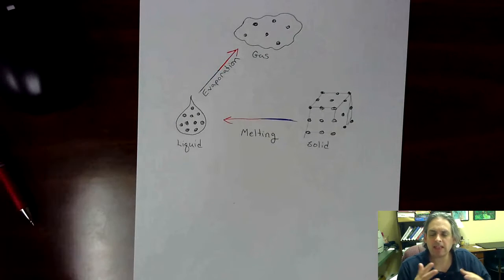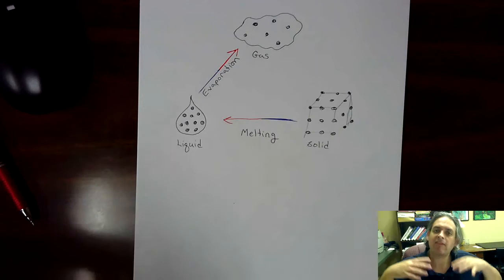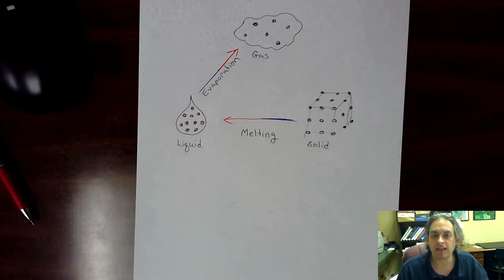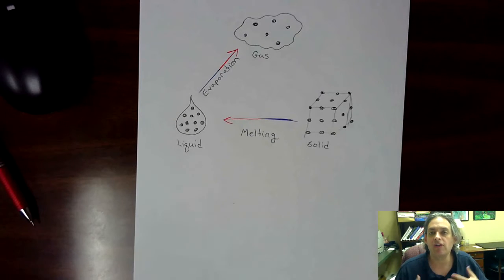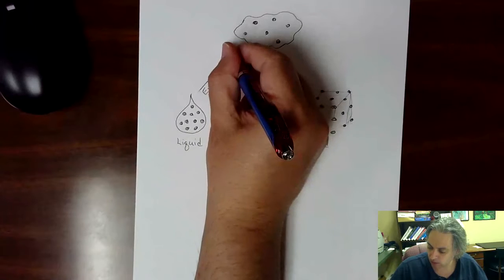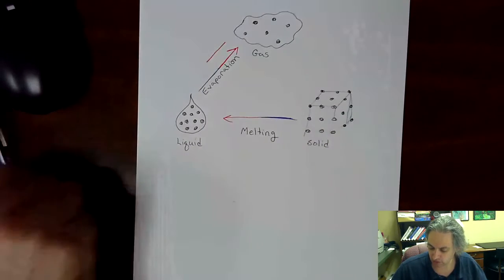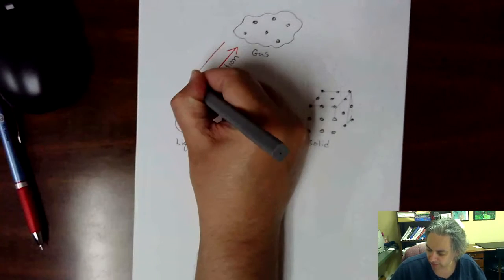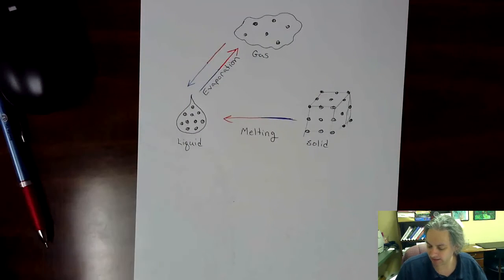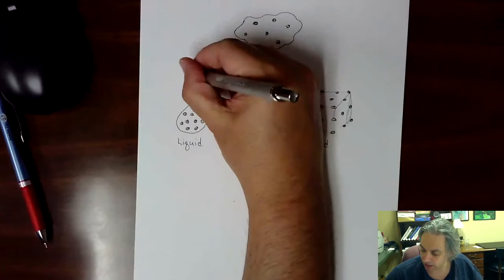Now what about going in the other direction? Let's say we have a gas and we want to cool it off into the liquid phase. When that happens, we call that condensation. So going from a warmer component to a cooler component, from the gas to the liquid, this is what we call condensation.